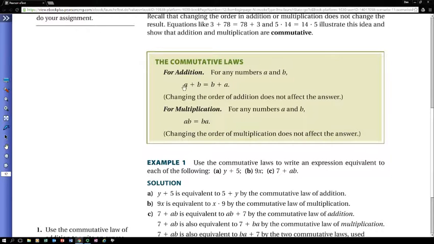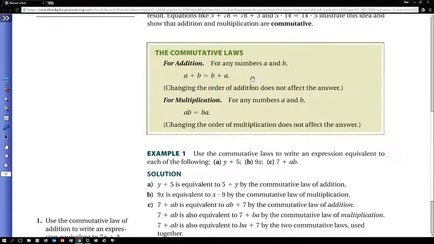When they have a plus b, that means for any numbers a and b, a plus b will equal b plus a. So it kind of covers all our bases for numbers, and they're telling us this is a law. In other words, it works for all numbers with this property of addition.